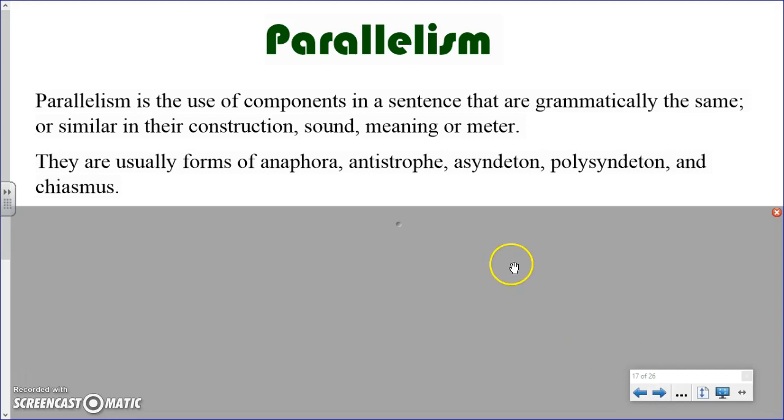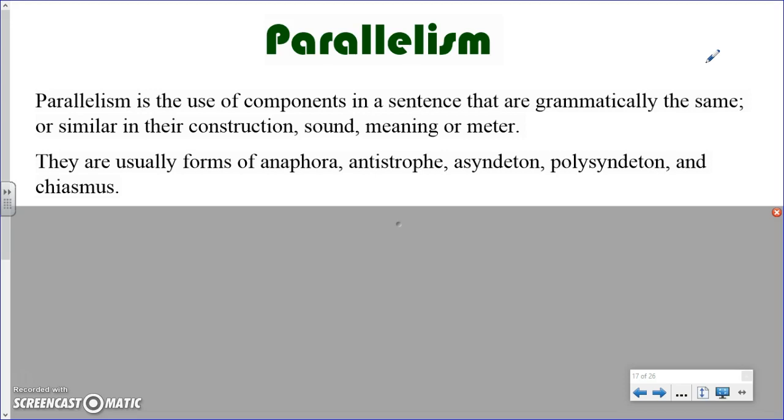Okay, the next thing we're going to talk about is this idea of parallelism. So parallelism is the idea that components in a sentence are grammatically the same. Grammatically meaning the idea that their word order is the same. They are similar in construction, in sound, meaning, meter.